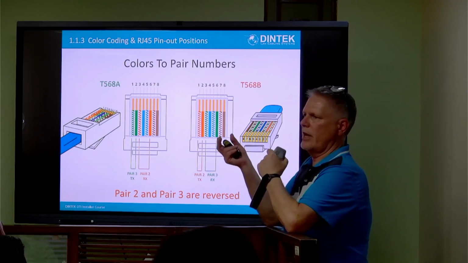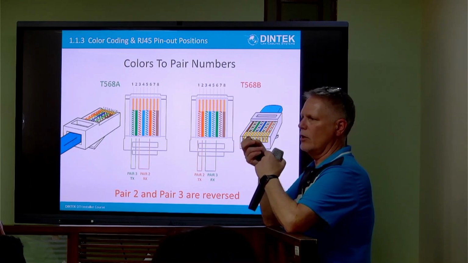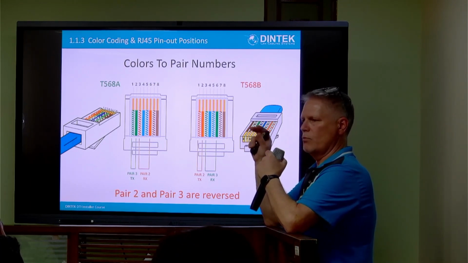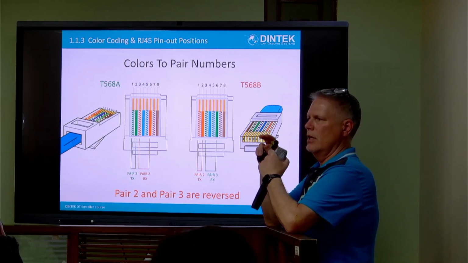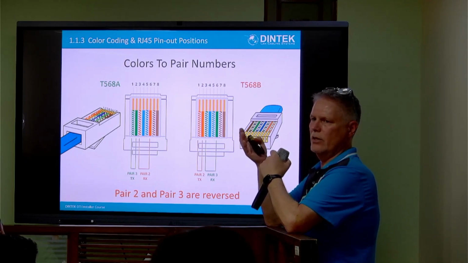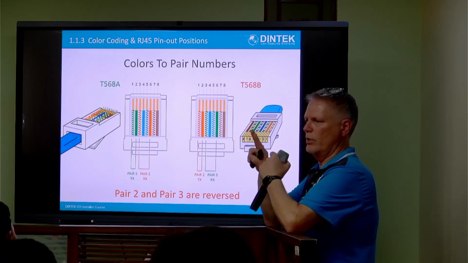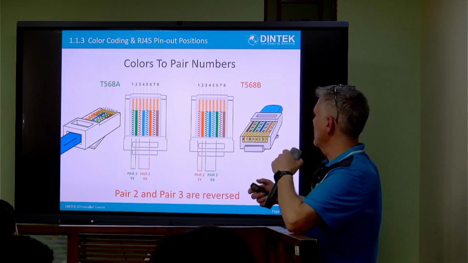Voice cabling was using RJ11s and BT style plugs, different 6-wire plugs. And so when they designed the 8-pin plug for structured cabling, they had to keep the transmitting pair for voice on the centre two pins. And that was our blue pair, pair 1.